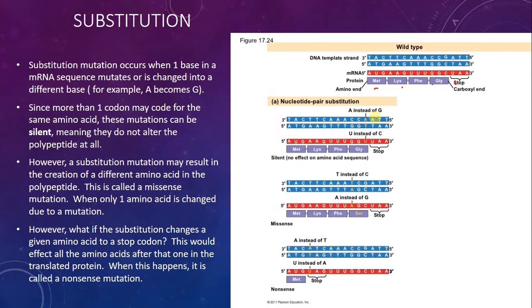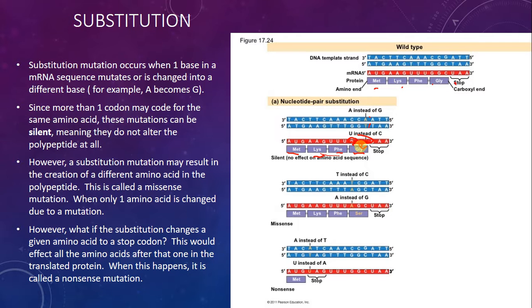If I change this GC to an AT, we're going to create a different mRNA transcript, but because this codon codes for glycine as well, remember, more than one mRNA codon can code for the same amino acid, we end up with the same amino acid sequence. So that's an example of a silent mutation.